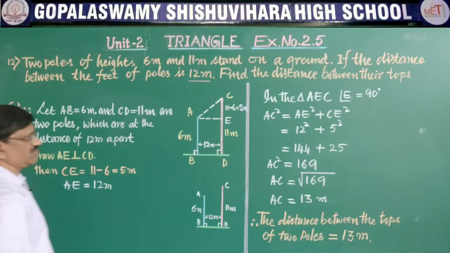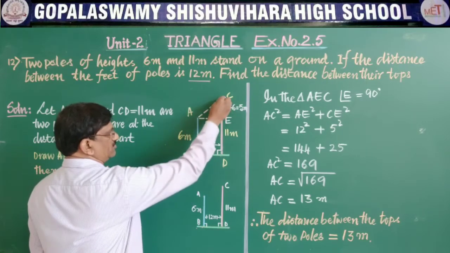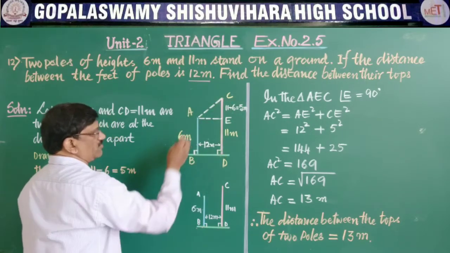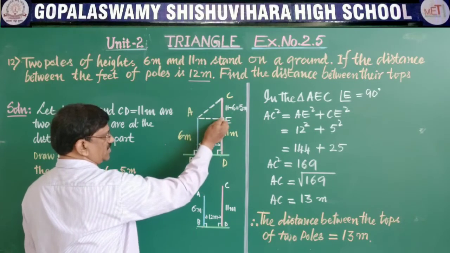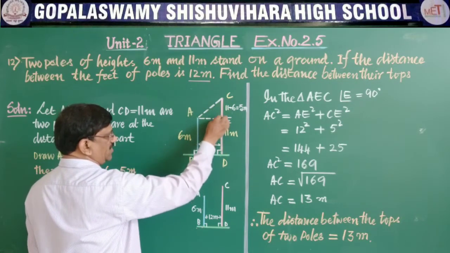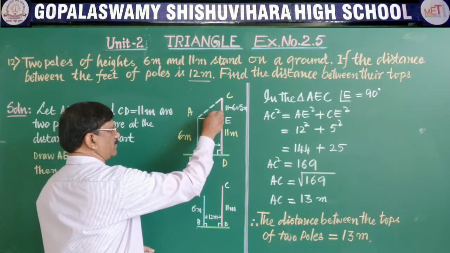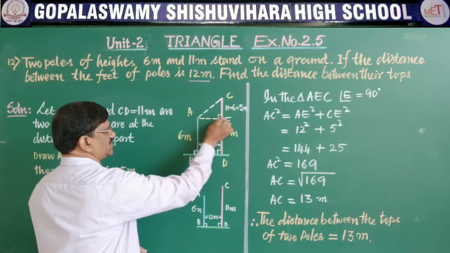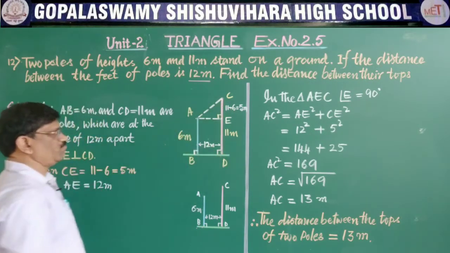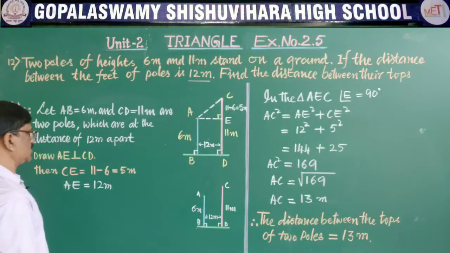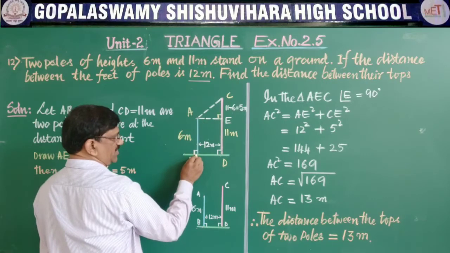Now you see, children, from A you draw a perpendicular to CD. Let it touch CD at E. So AE is a perpendicular drawn from A to CD, isn't it? So here from A to B it is 6 meters.